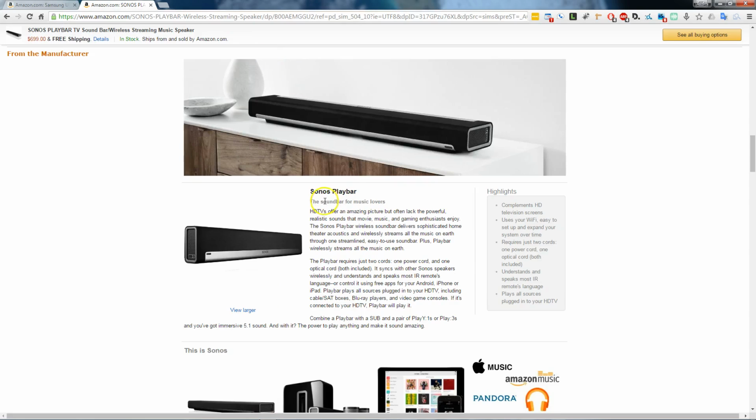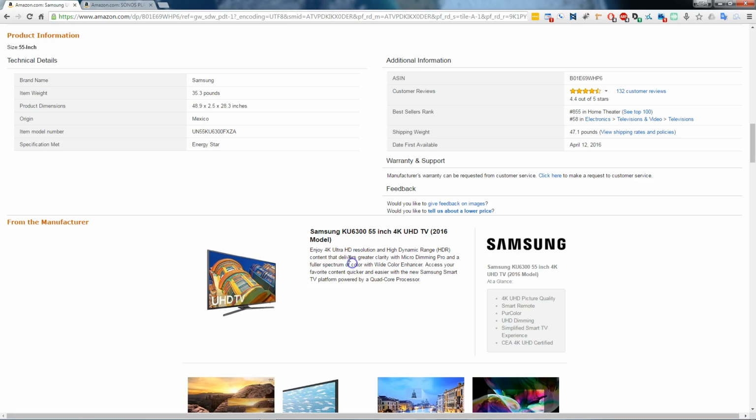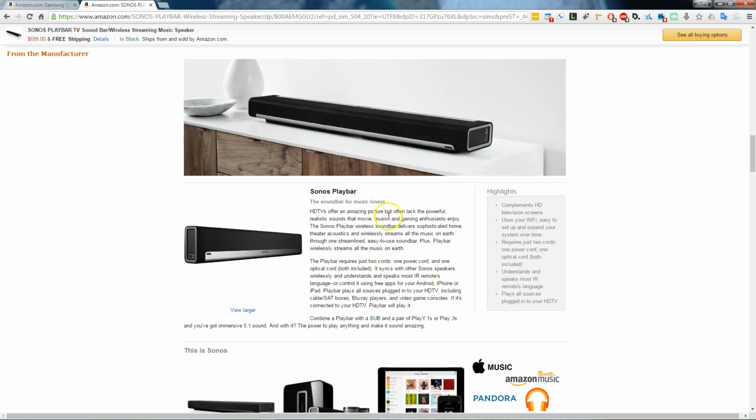Compare that to the soundbar for music lovers. HD TVs offer an amazing picture. Already, he could have basically just chopped that off and put that here, and it would have been better than this product description. But anyway, but lack the powerful, and let's pay close attention to the words.